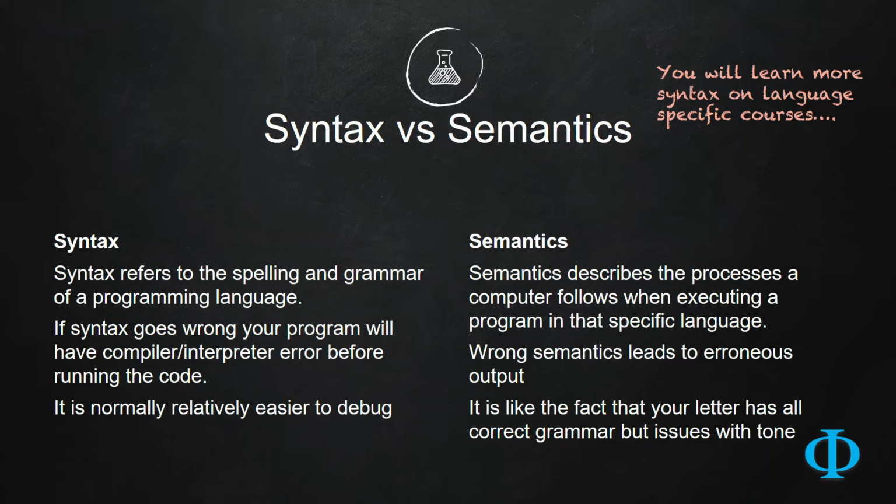But just to give you an idea, if the syntax goes wrong in any programming language, your compiler or interpreter will throw an error. Nowadays, compilers and interpreters are very intelligent and can tell you at which line of your program, or even at which column of that line, the grammatical or spelling error happened.